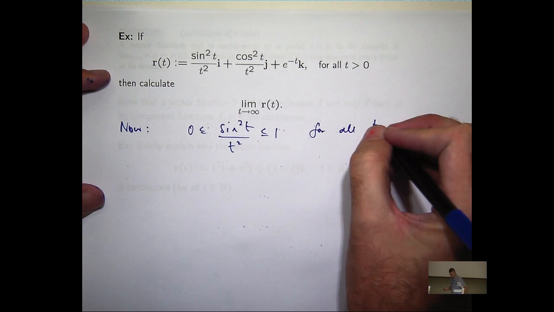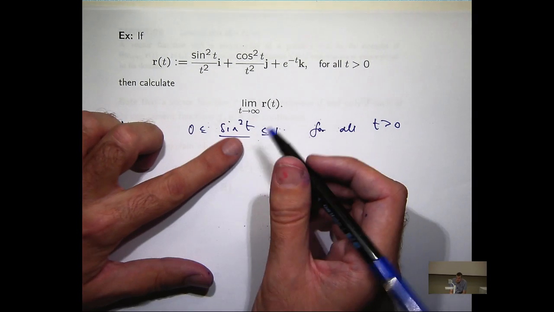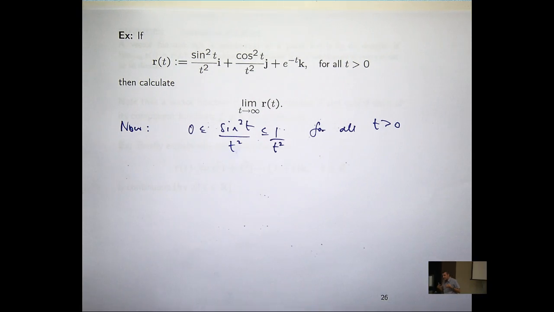So I'm just going to restrict the domain to, oh, hang on. Sorry, let me cover that up. Sine squared is between 0 and 1. If you divide, then you can have that, right?